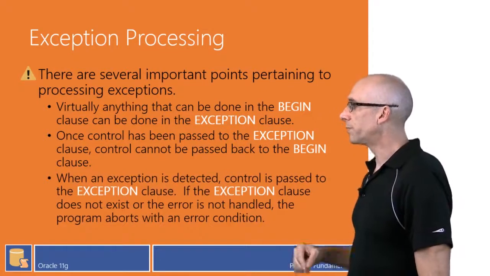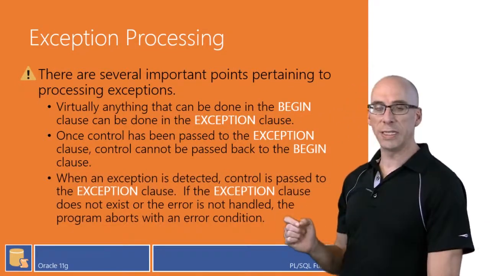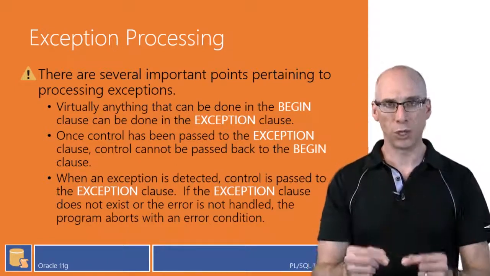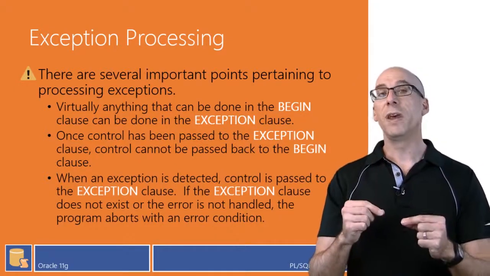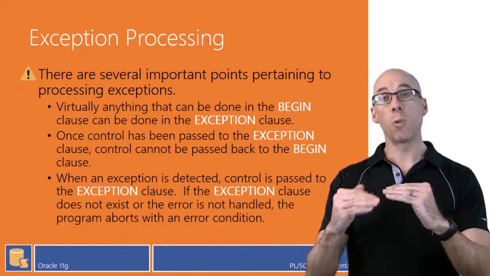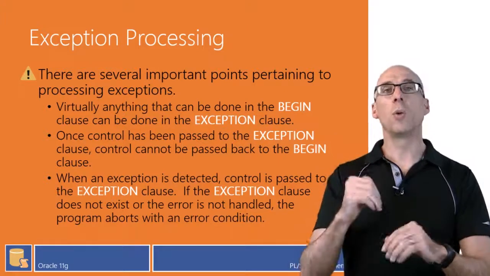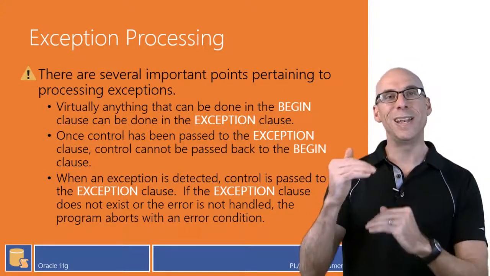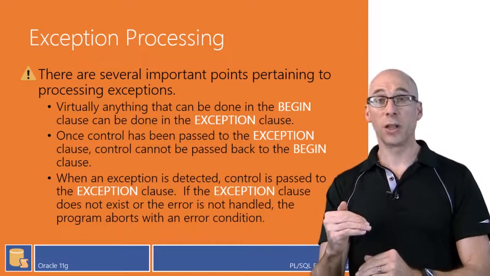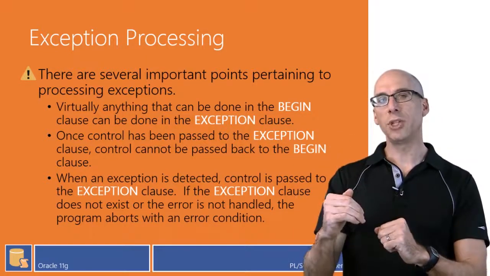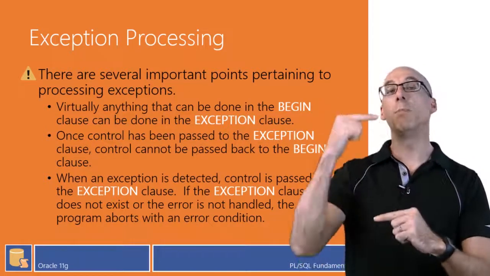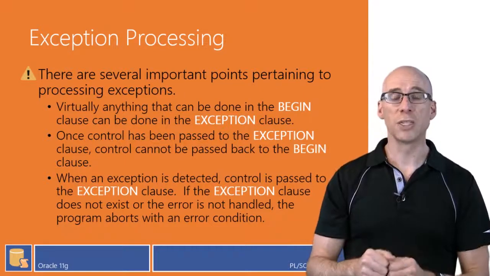And then finally, when an exception is detected, control is passed to the exception clause. If there is no exception clause, that exception or that error will bubble up. So later on we're going to talk about nesting statements, where we can have a begin clause inside of another begin clause. So if you don't have an exception in there, it will bubble up to the outer process. And it will keep bubbling up until it finds an exception clause.